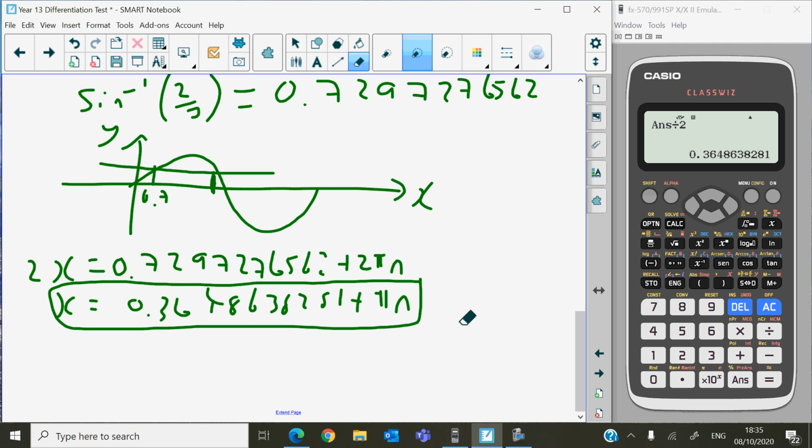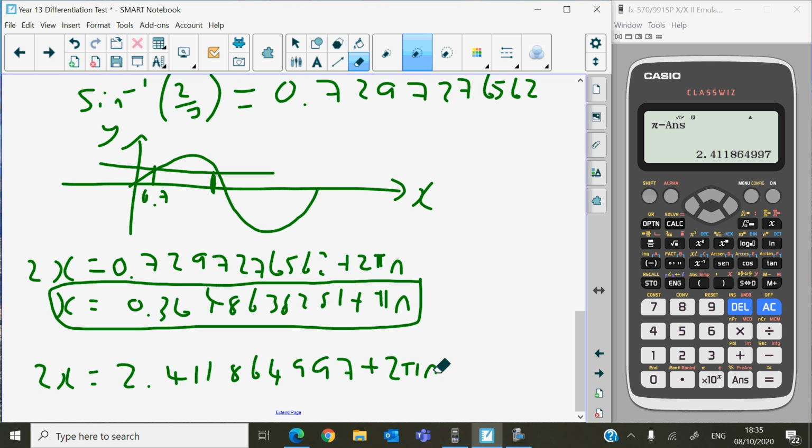My second equation, 2x is equal to the value here. So I'm going to times by 2 again to get back to where I was. From the answer I had, this is pi minus my first answer. So I'm going to do shift pi minus my answer, and I've got 2.411864997 plus 2 pi n.